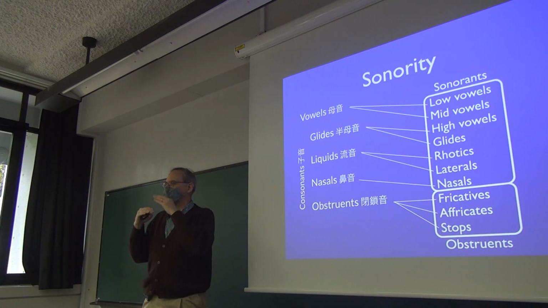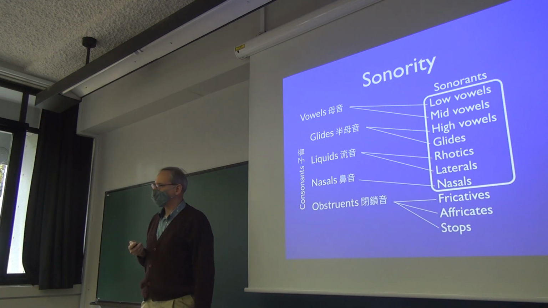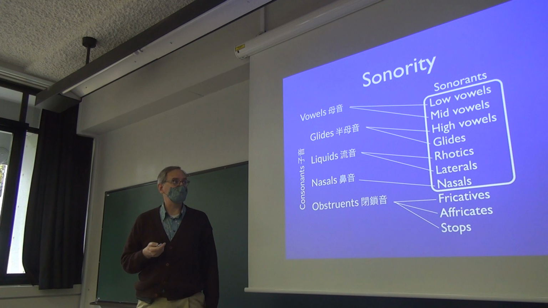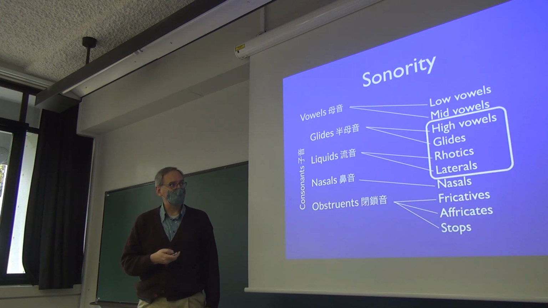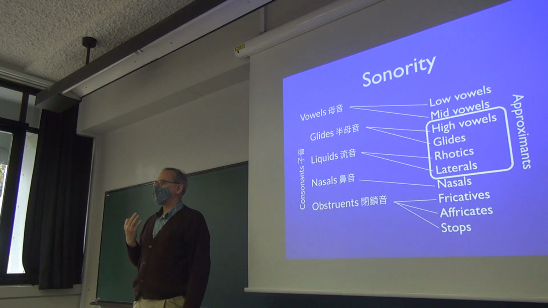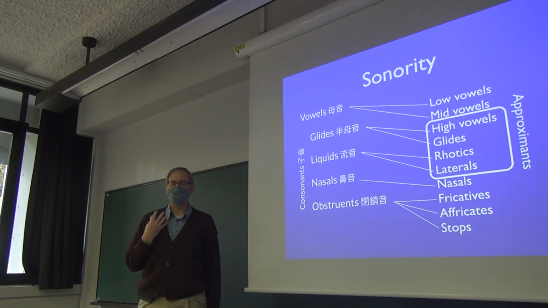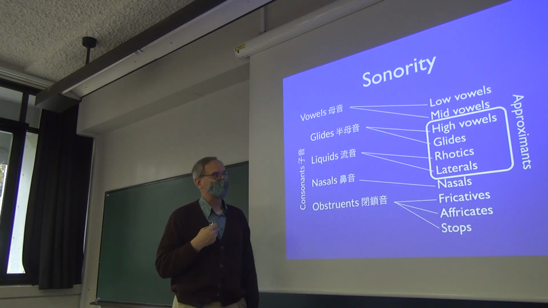So then we're going to divide the group of sonorants into those that are made in the mouth versus those made in the nose. So the nasals do not belong to the group of approximants: laterals, rhotics, glides, high vowels. This word approximant has two meanings, and you're probably familiar with one of them, which is different from the one we use here.